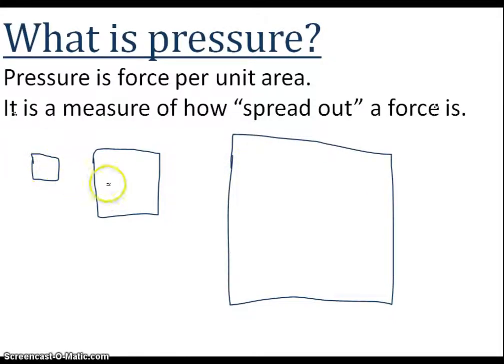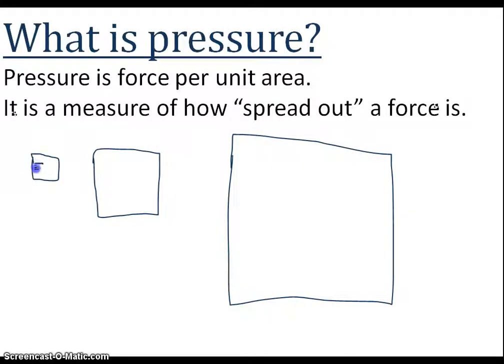So when we think about surface area, or just area in general, we're thinking of how much coverage, or how much it's covering. So there are smaller areas, and there are larger areas. And when we talk about force being spread out, we can think of a force being spread out over a small area, or the same force being over a large area.